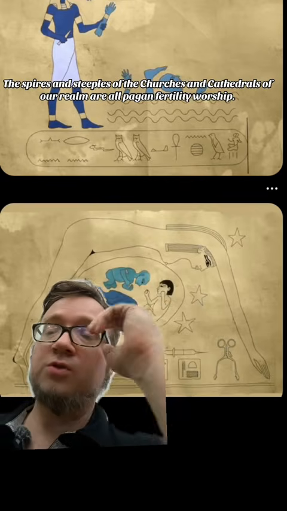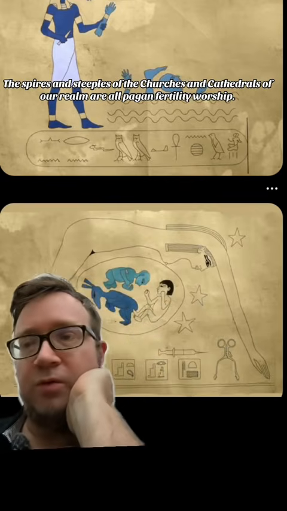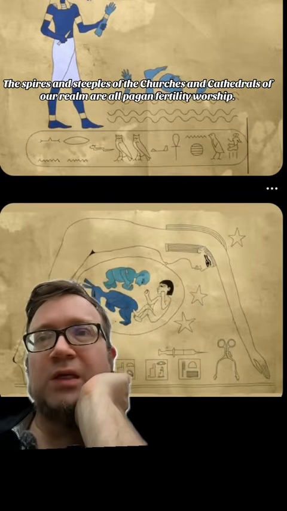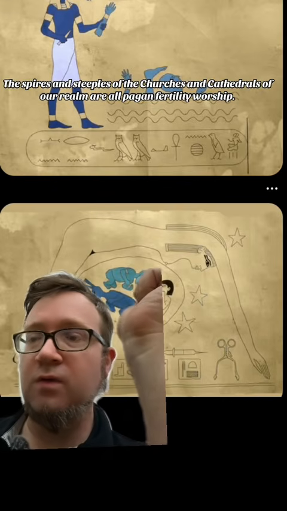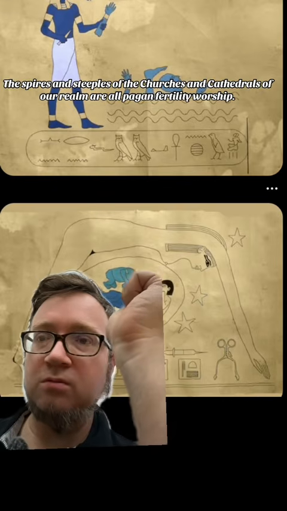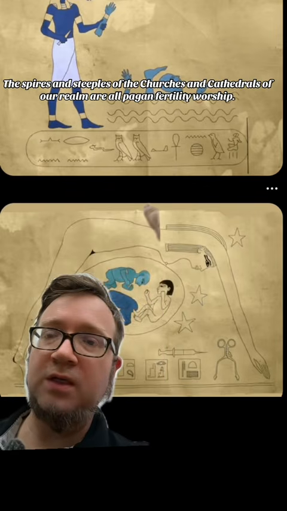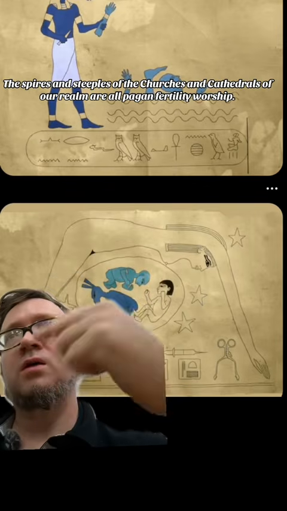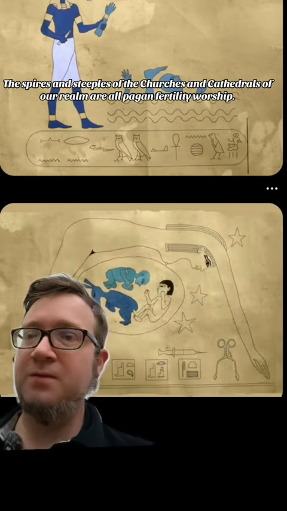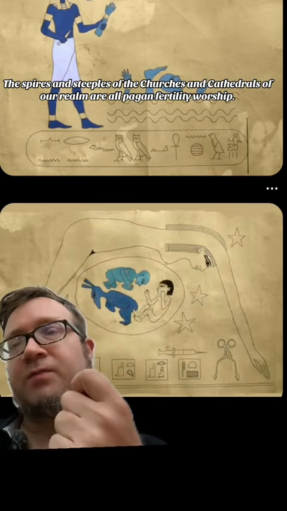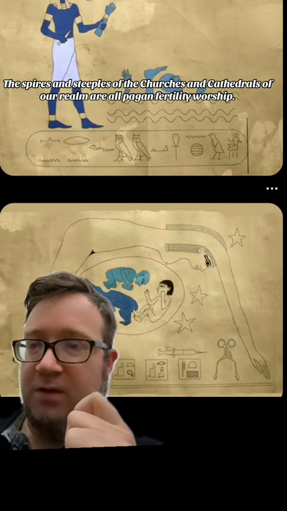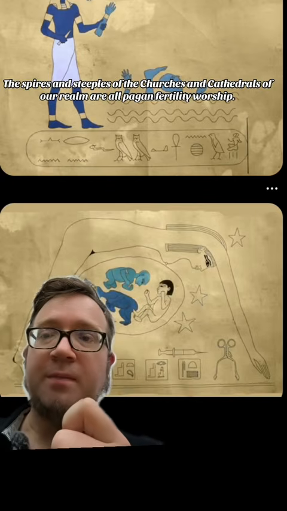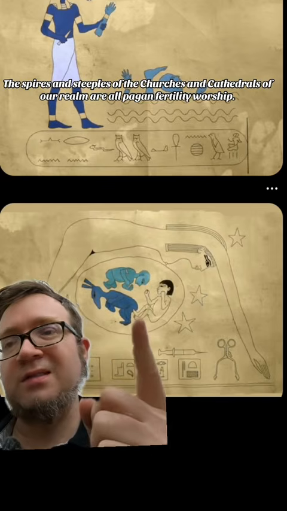In Egyptian fables and ancient mythology, there is another origin story to the phallus or the monument, the obelisk, and that is the murder of Osiris by his brother Set. So there you can see Set and Osiris.